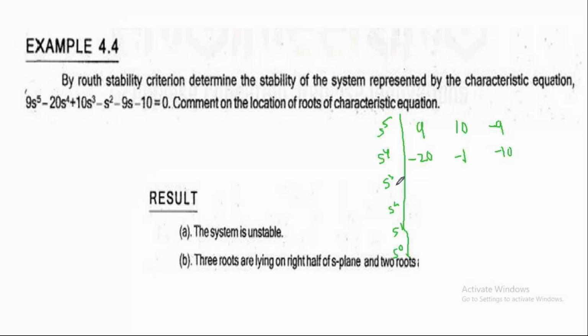Now find the s cubed row. What will you get here? I need the entire terms in the s cubed row.